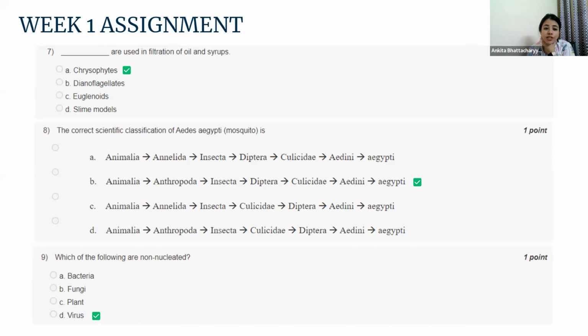In question number 8, we are being asked about the correct scientific classification of the Aedes aegypti mosquito. If you look at the last two classifications, Aedes aegypti is common for all, and Animalia at the beginning is also common. The remaining part is where you actually make the correct choices. Is it an annelid or an arthropod?